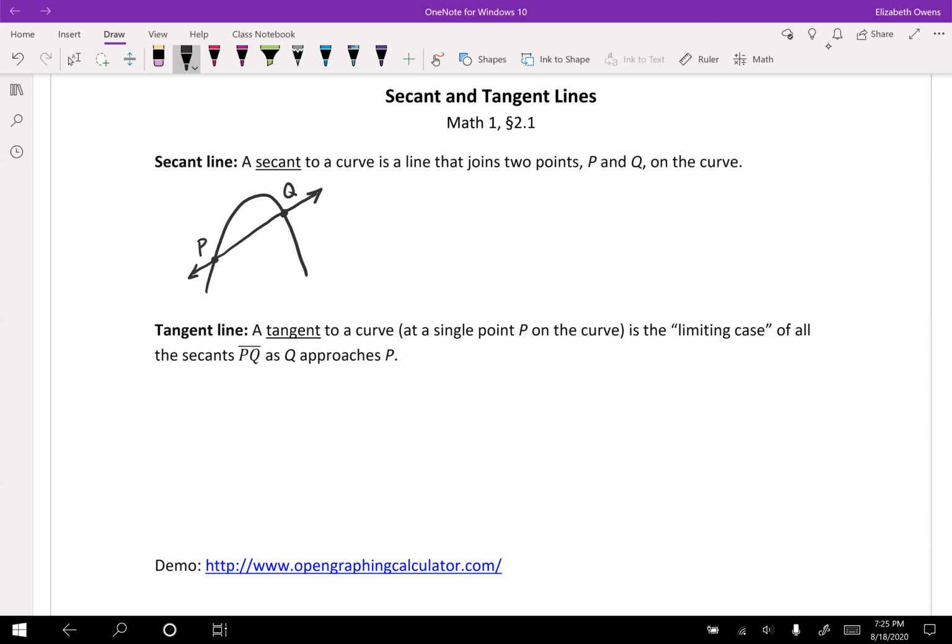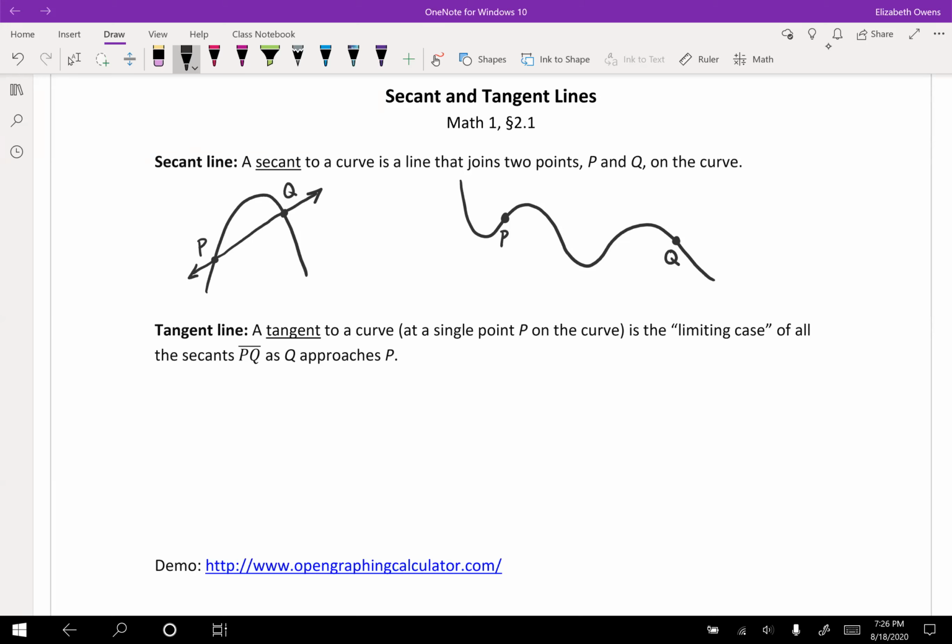Now, a secant line can cut through a curve more than just at those 2 points. Let's draw a little curvier curve. Okay, we could say here is point P, and over here is point Q. We can still have a secant line between those 2 points.